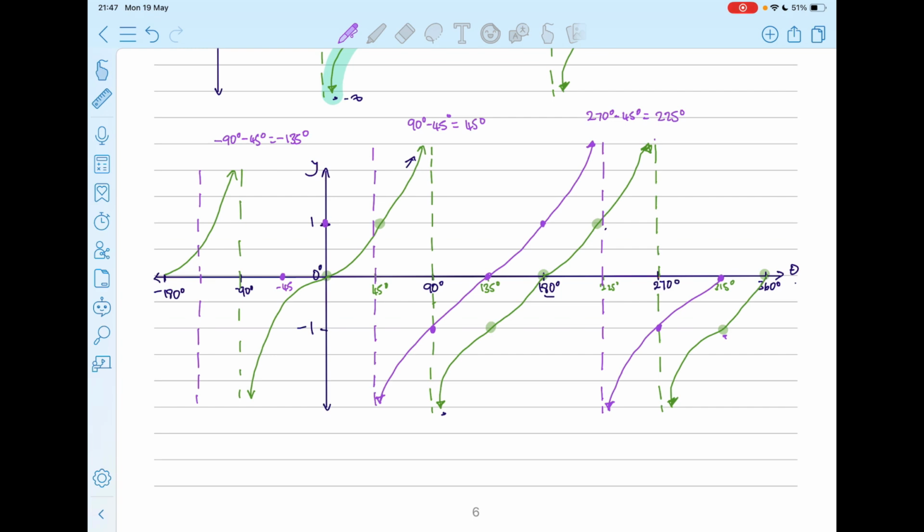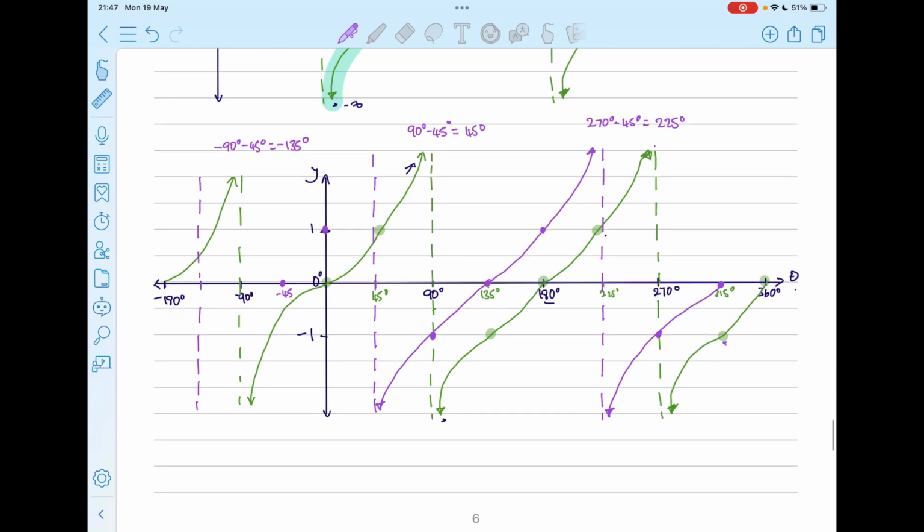And then we also had a point at negative 45, which is now over here. There we go. So now I can join all my points. Like that. And then like that.